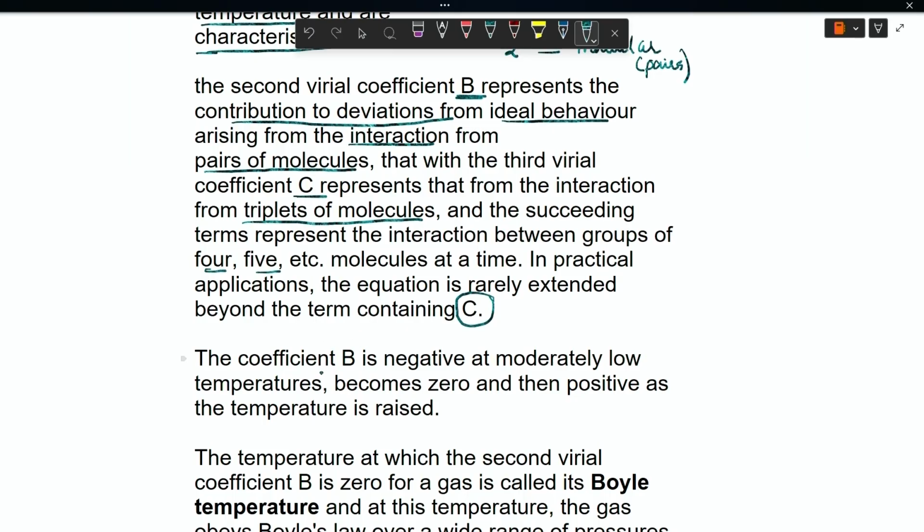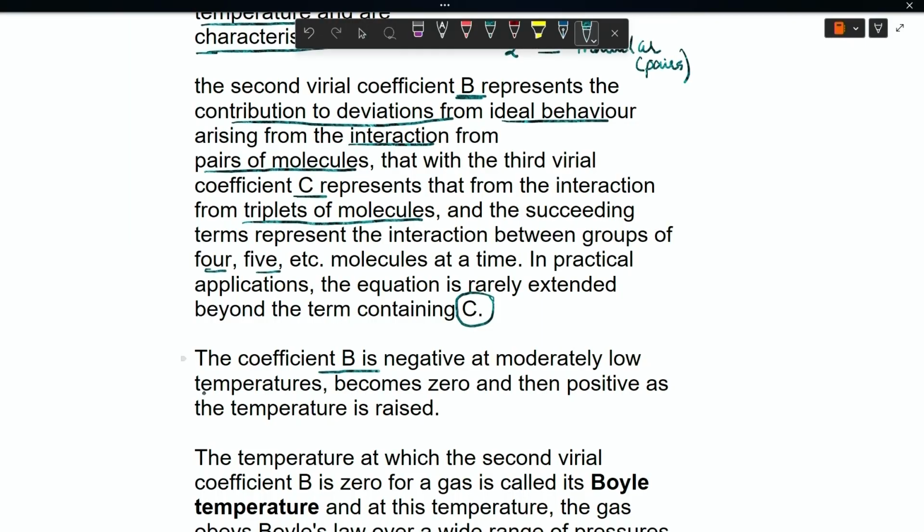Now, the coefficient B, that is the second virial coefficient, is generally negative at moderately low temperatures. As the temperature increases, the value increases, becomes 0, and then becomes positive.